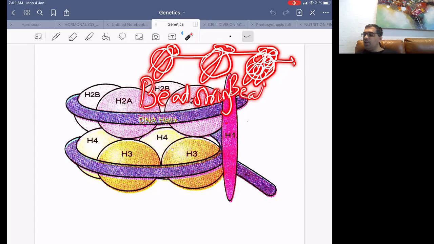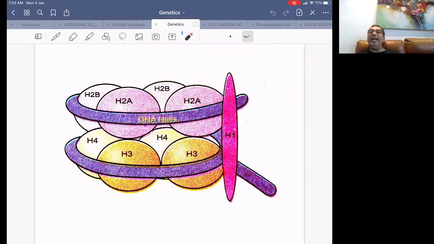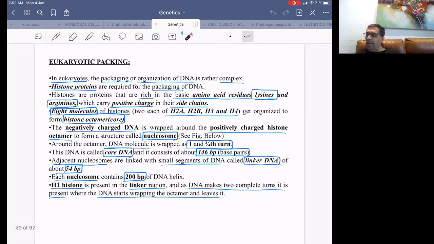Bead string. This is bead. This is string. This is bead. This is string, called as a classical bead on a string appearance. And sir, we have octamer of 8, उसके ऊपर 1/3 turn of DNA is called as core DNA.